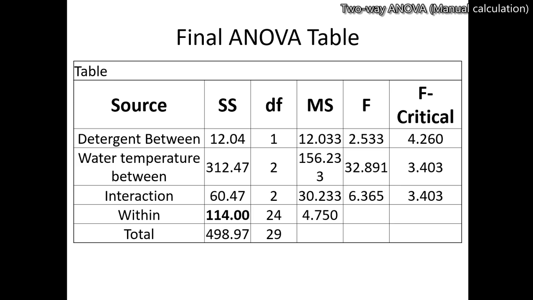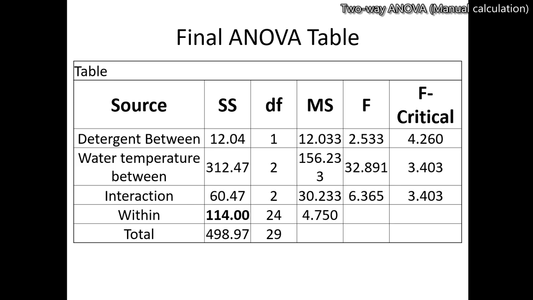For within, we have a sum of squares equal to 100 and degree of freedom 24; dividing by 24 gives 4.150. Now we calculate the F statistics.